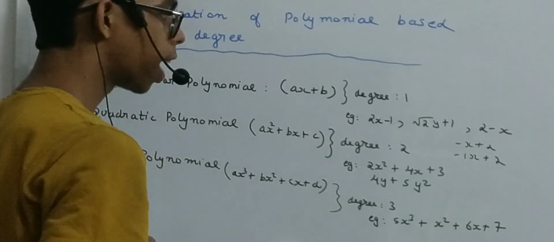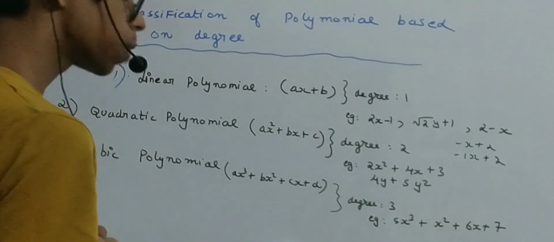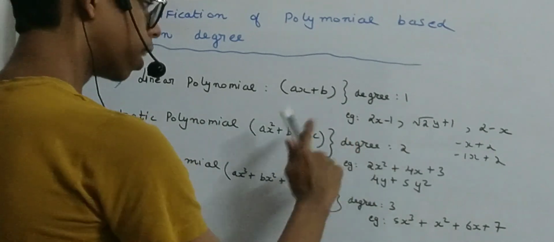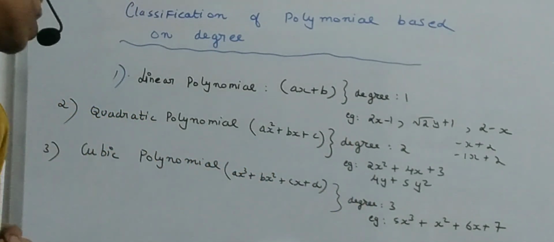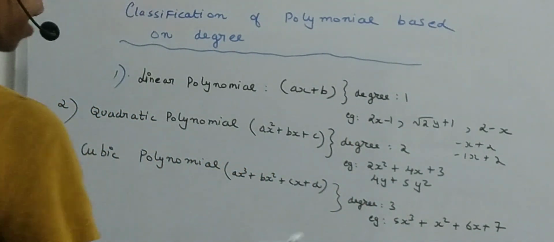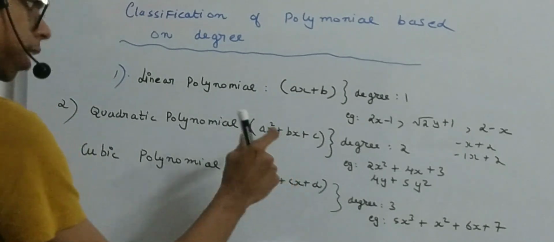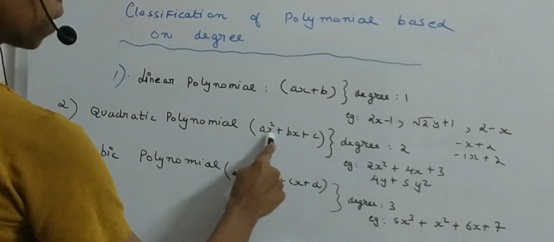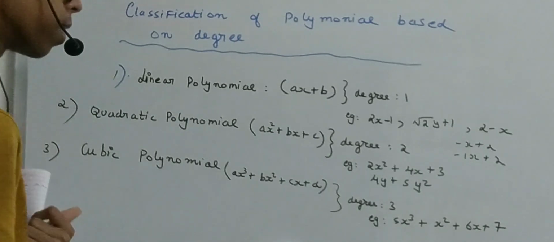So whenever the highest degree is 2, we will call it a quadratic polynomial. And the general expression that we use to describe a quadratic polynomial is ax square plus bx plus c.